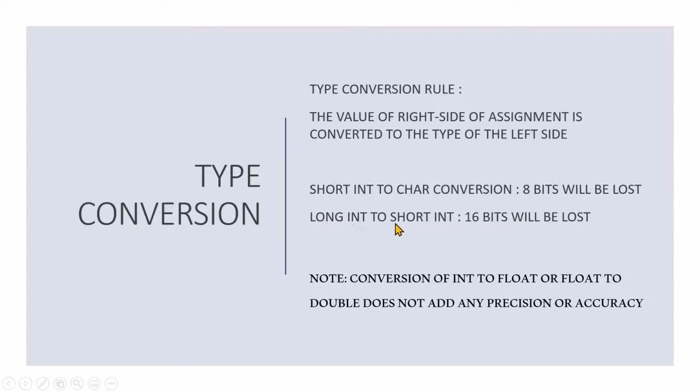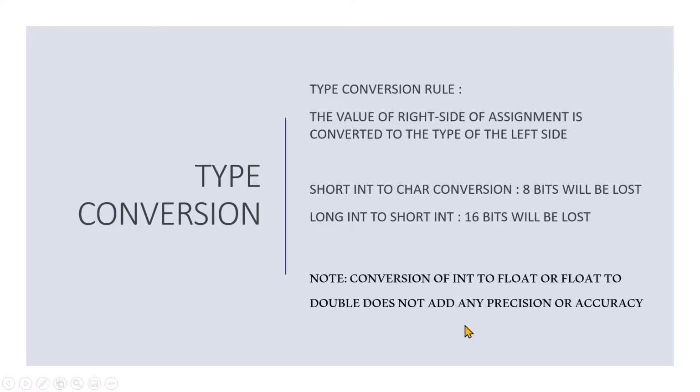Long int to short int, remember long int is 4 bytes, short int is 2, which means 32 for long int and 16 for short int. So if we're moving a long integer data type variable to a short integer type, we're going to lose 16 bits. Important note here, conversion of integer to float or float to double does not add any precision.